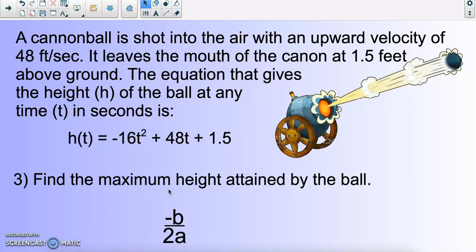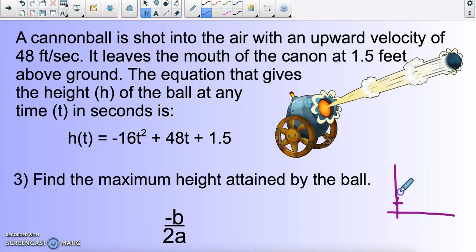So we left off talking about the cannon problem, but we didn't start it. The first question with the cannon problem is to find the maximum height attained by the ball. Let's put this into a picture on the coordinate plane. Starting up a little bit above ground, we have a cannon, and it shoots a ball, and that ball follows this parabolic path before, boom, it hits the ground.